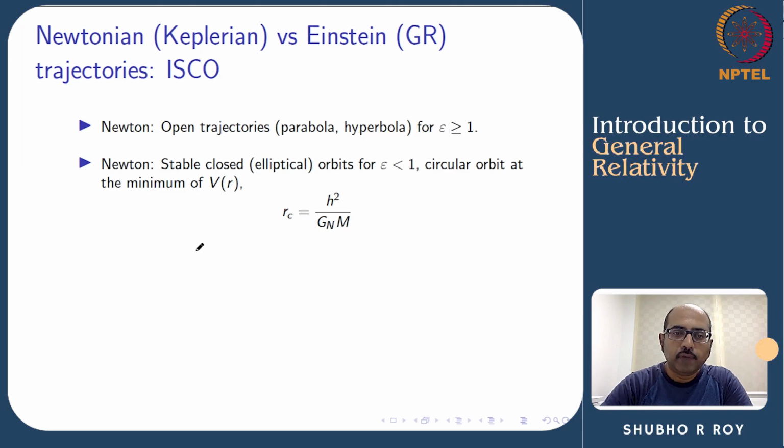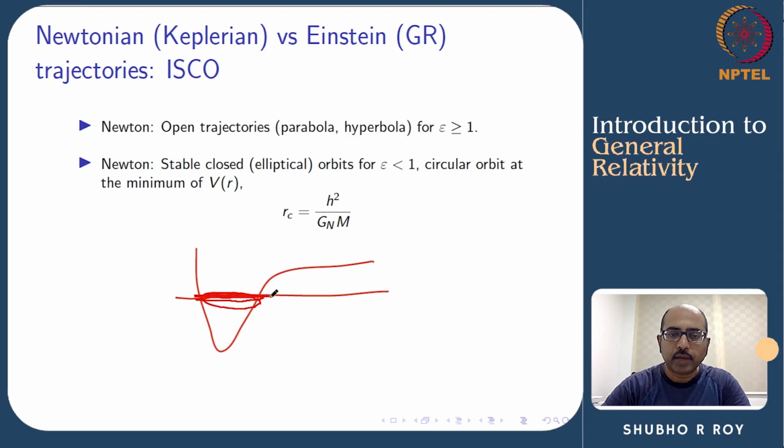And if the energy is inside this potential well, then the orbit will be closed, because motion will be confined entirely to this region, back and forth between the maximum of r and minimum of r, and for which epsilon should be less than 1.